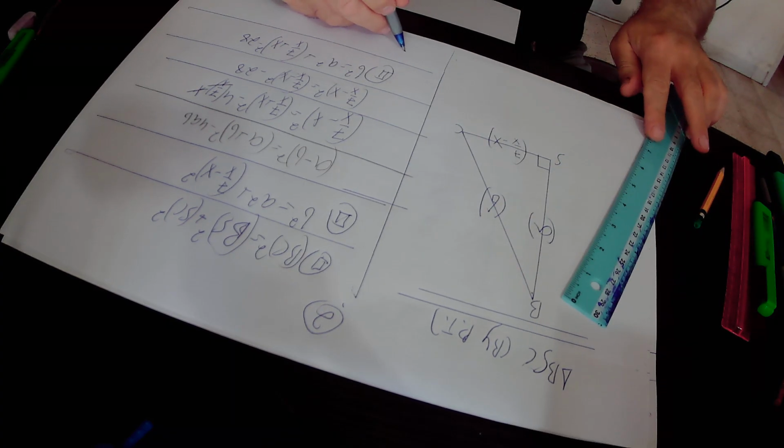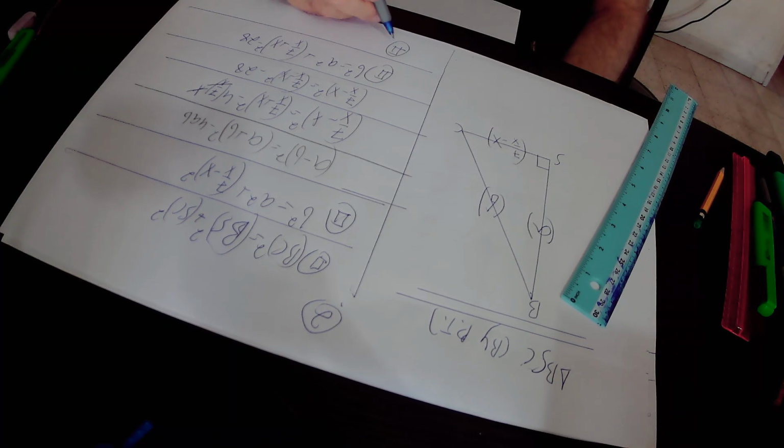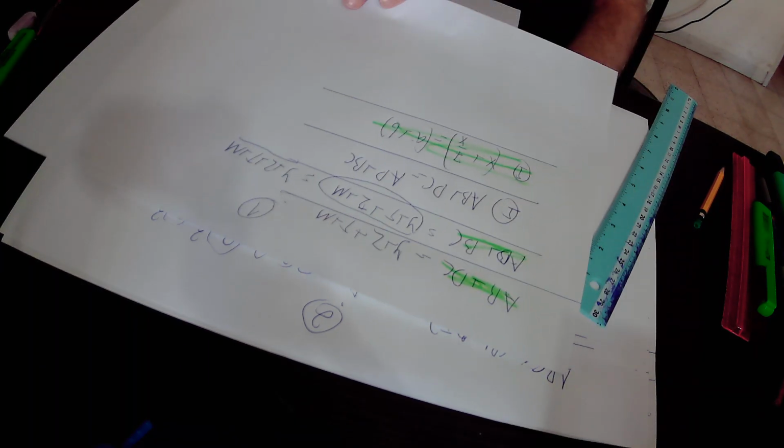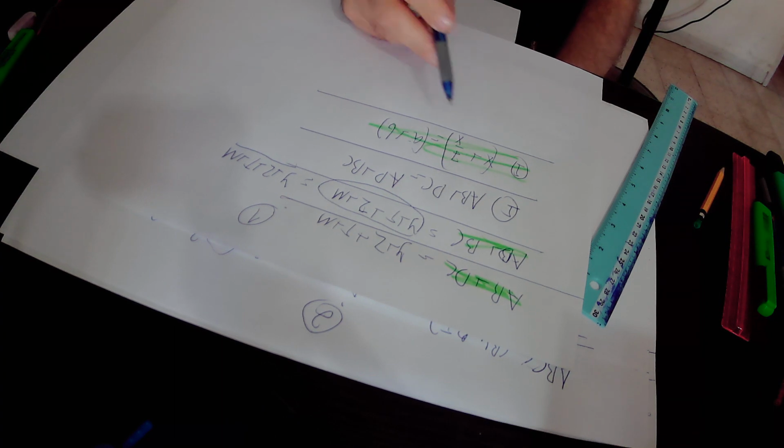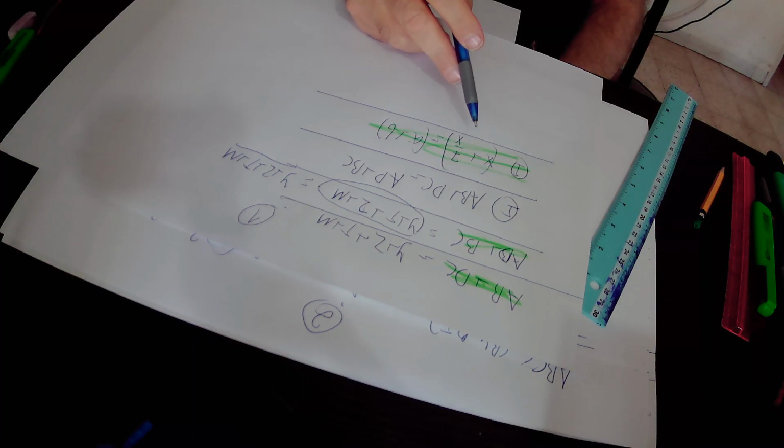So according to equation 2, b square equals a square plus (7 over x plus x) square minus 28, and according to equation 1, 7 over x plus x equals a plus b. If 7 over x plus x equals a plus b, it means that (7 over x plus x) square will be equal to (a plus b) square.